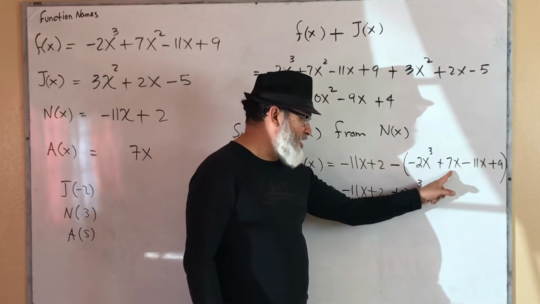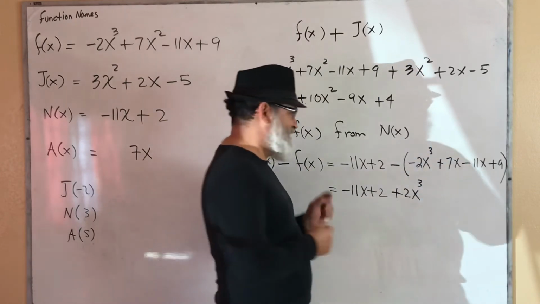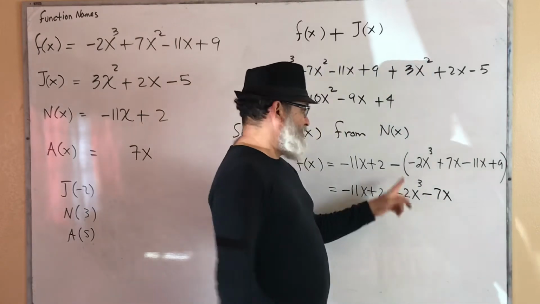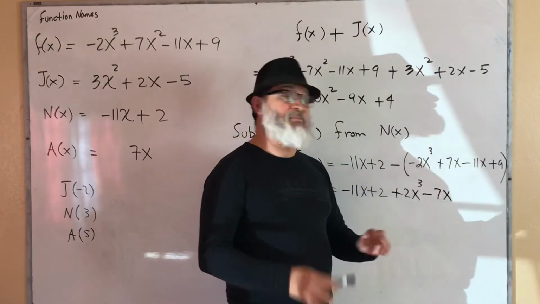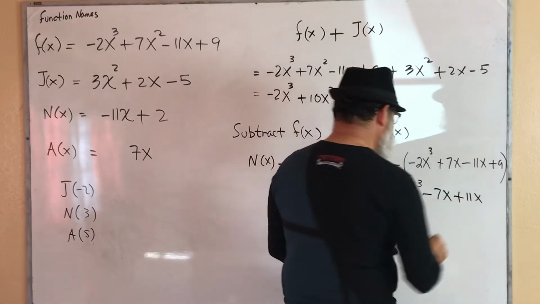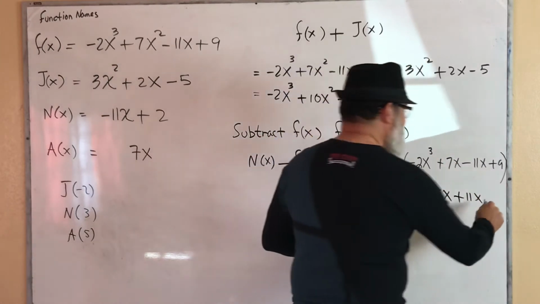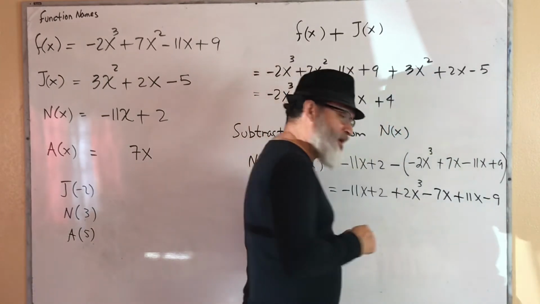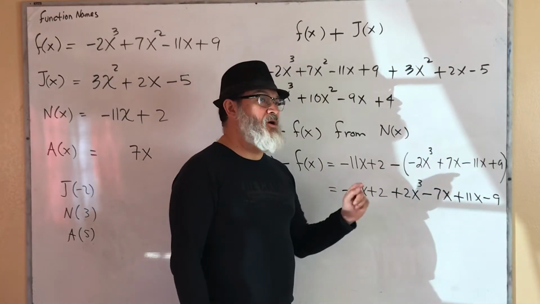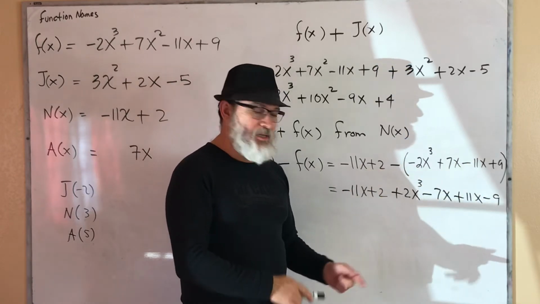Subtract this term, and it becomes negative, minus 7x squared. Subtract this term and it becomes plus 11x. Subtract this term and it becomes minus 9. Don't forget, guys, when you subtract, you better use parentheses around whatever is being subtracted.